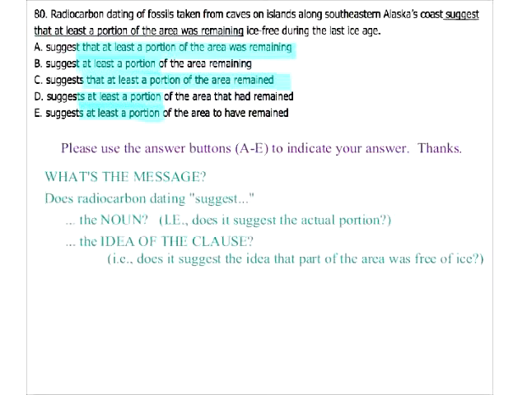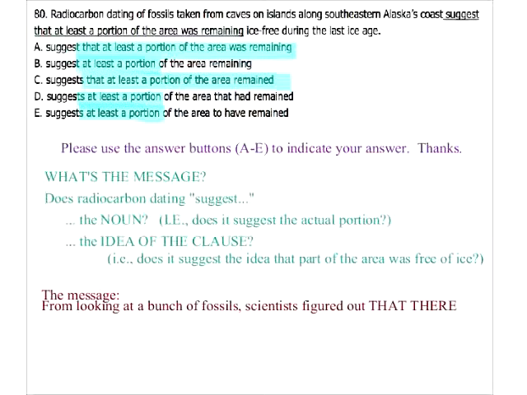The message of the sentence is definitely that, from looking at a bunch of fossils, scientists figured out that there existed some parts of the coast that were ice-free.